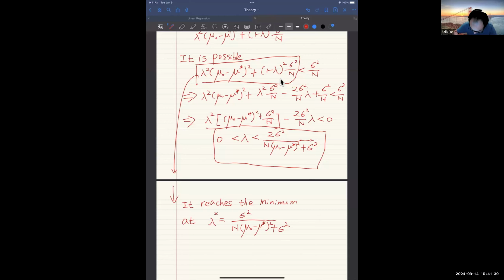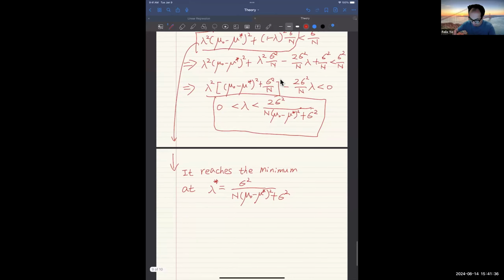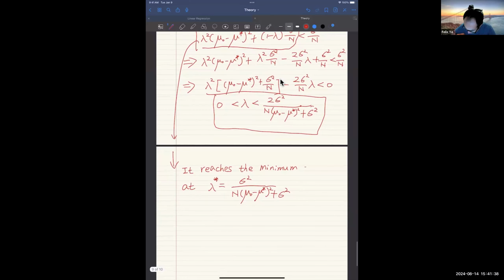If we choose this lambda, we get the minimum expected test MSE.